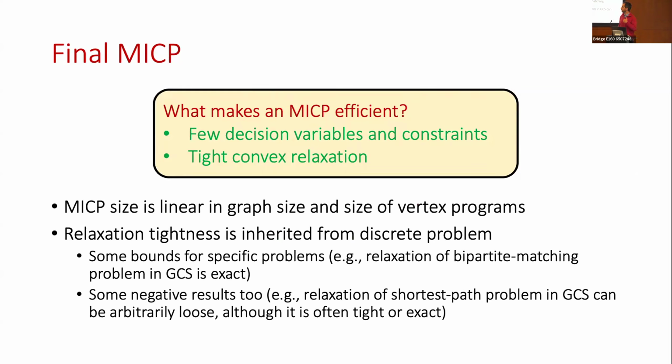Also, most importantly, the relaxation of these mixed integer programs tends to be pretty tight empirically, a good convex relaxation. Most of the time, if you start with a combinatorial optimization problem that has a good integer linear programming formulation, that goodness is inherited by our mixed integer program. We have some marquee results, but they are more of a curiosity than really practice.